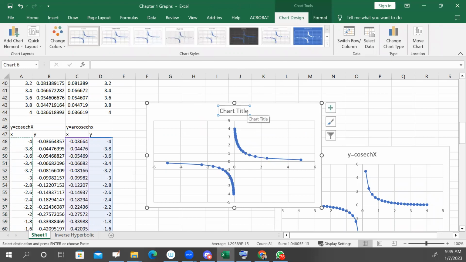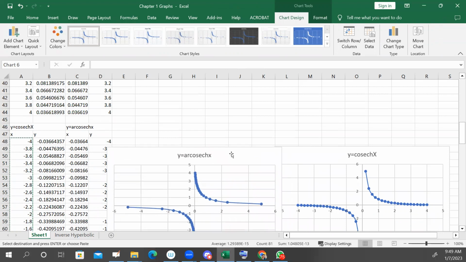You can see there is a little bit of similarity, right? But there are slight differences. Maybe you can see them if you draw them together.